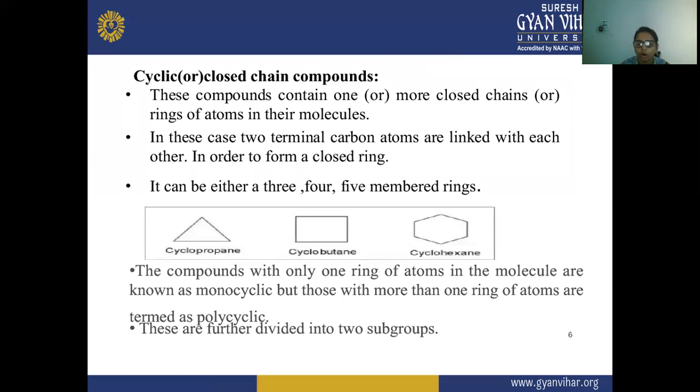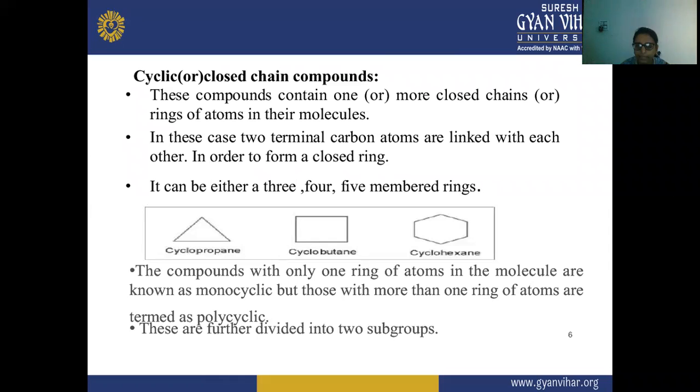All of them contain a ring of atoms connected in the molecule, and in these cases, two terminal carbon atoms are linked with each other in order to form a closed ring.